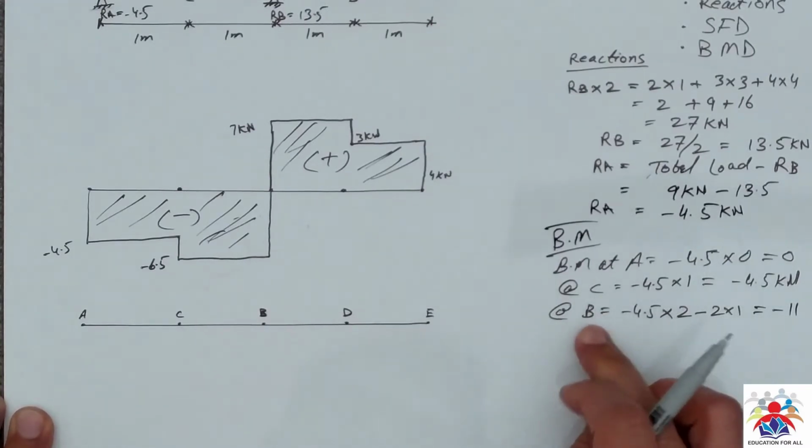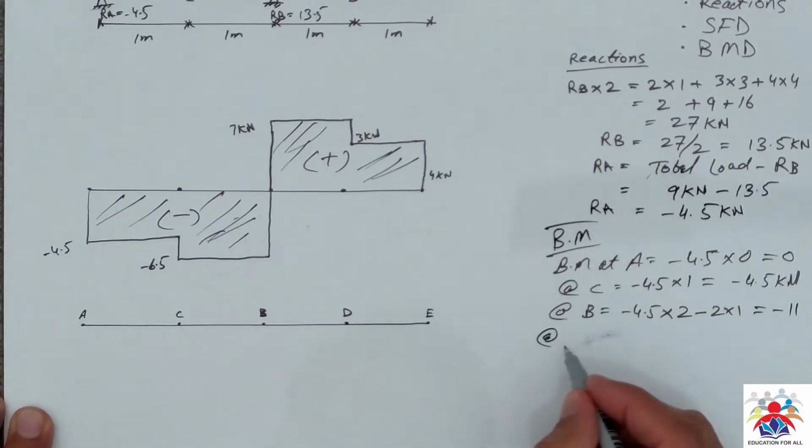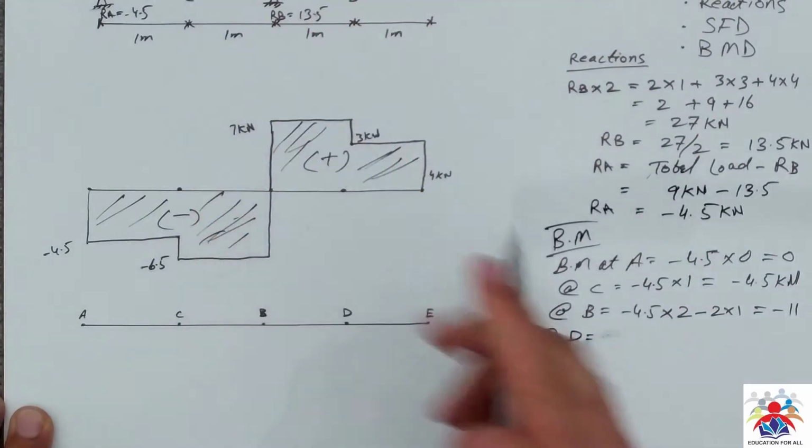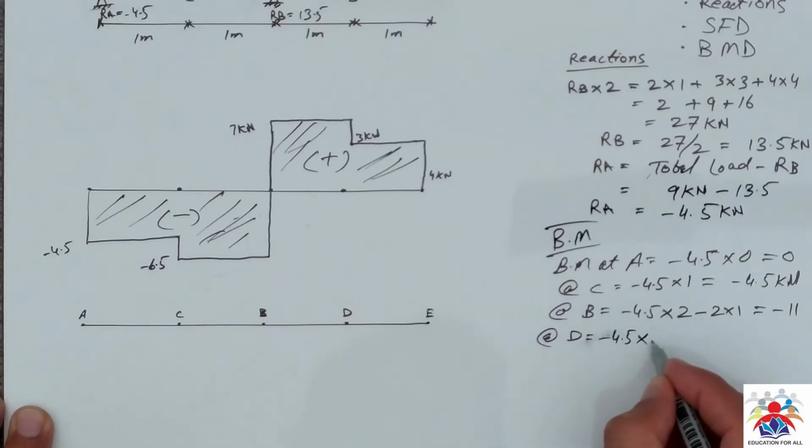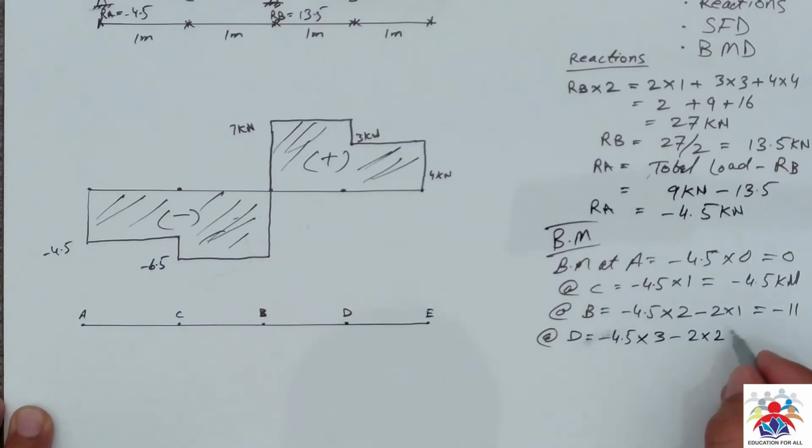And then we have the bending moment at point D. So D is here: minus 4.5 multiplied by 3, minus 2 multiplied by 2, plus 13.5 multiplied by 1.